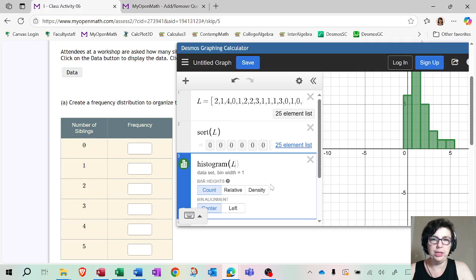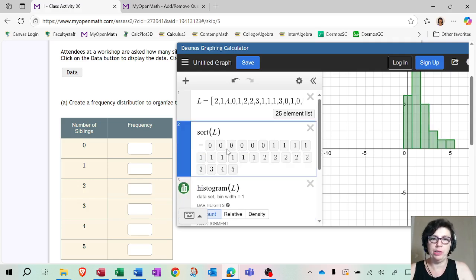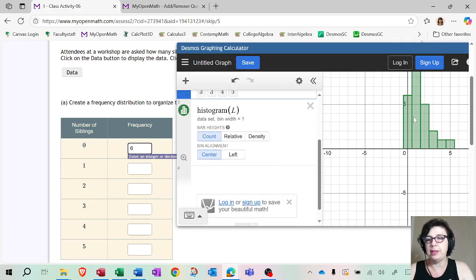Leave all the defaults and it's going to give you the same counts. Here you can manually see that there are 6 zeros, and however many ones and so on. But this time you're going to visually see what's happening, but you do have to press on the zoom fit, the little button where my mouse is pointing.